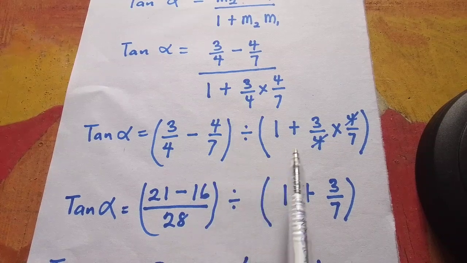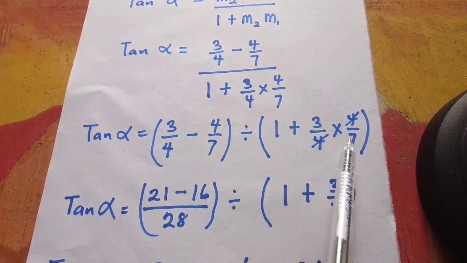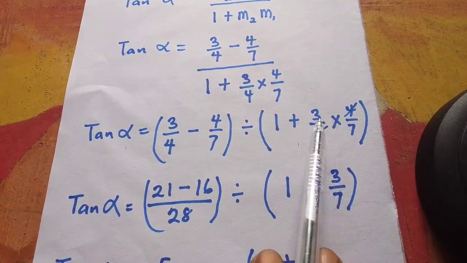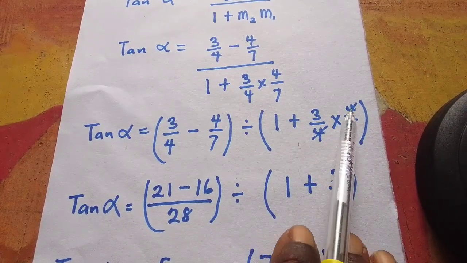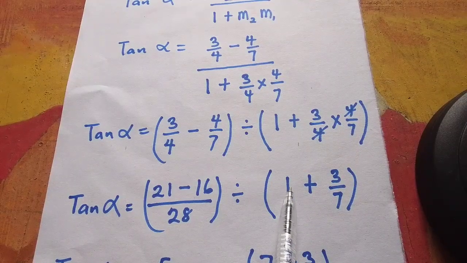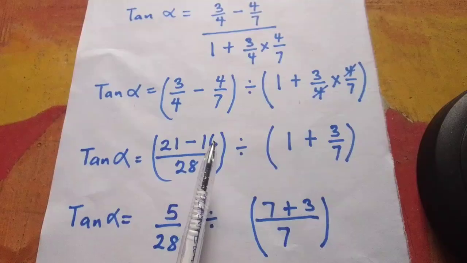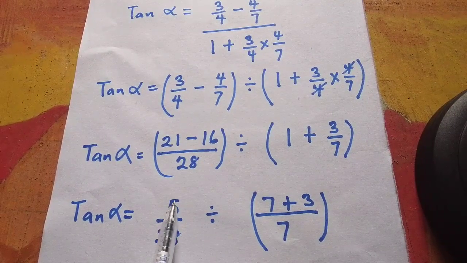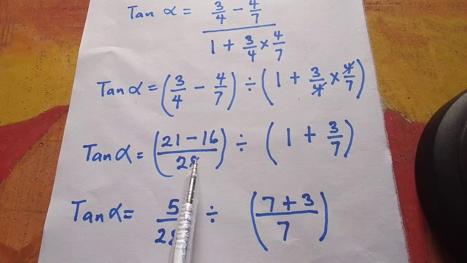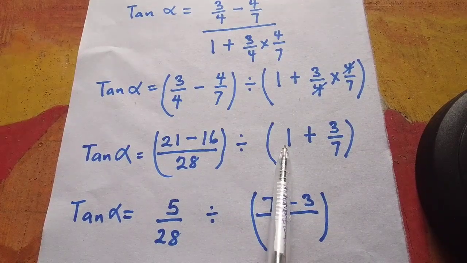Then for the denominator, since there are two signs in the bracket, first do the multiplication: 3 over 4 times 4 over 7. 4 divided by 4 is 1, remaining 3 over 7, so we have 1 plus 3 over 7. So 21 minus 16 gives us 5 over 28, divided by the denominator.